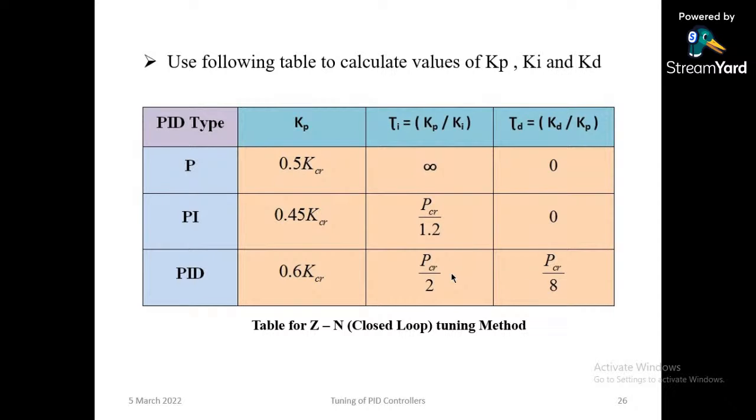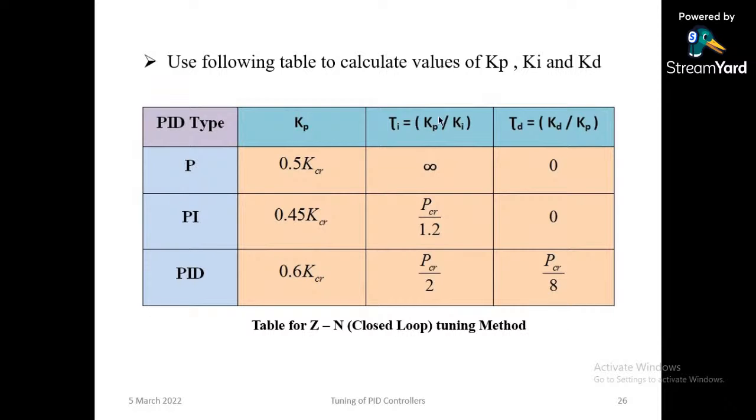So if you are using only a P controller, that means you are not using integral and derivative controllers, right? One more interesting thing is here: I have mentioned tau I. Tau I is given by Kp upon Ki, and the reverse of this, tau D is equal to Kd upon Kp.